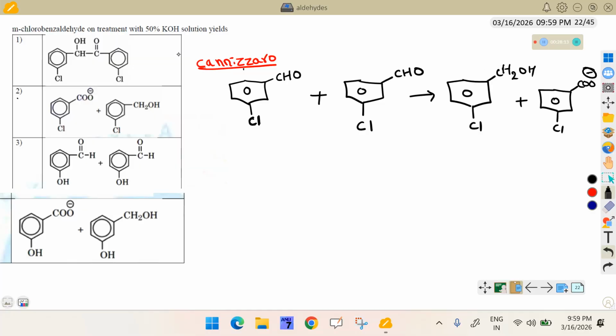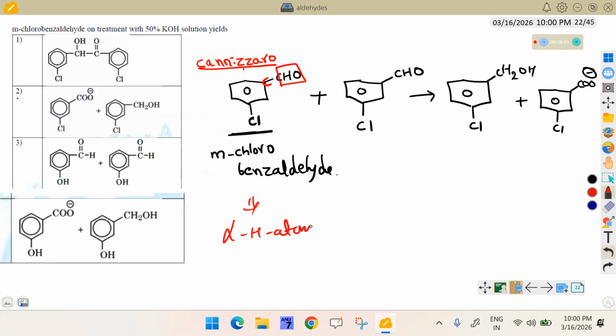See the next question, metachlorobenzaldehyde. Yes, this is metachlorobenzaldehyde. It reacts with KOH, which means the reaction takes place in the presence of base. First of all, you can check: this is an aldehyde, and the adjacent carbon is alpha carbon. Are alpha hydrogen atoms present? No, alpha hydrogen atoms are absent. So it participates in Cannizzaro reaction.